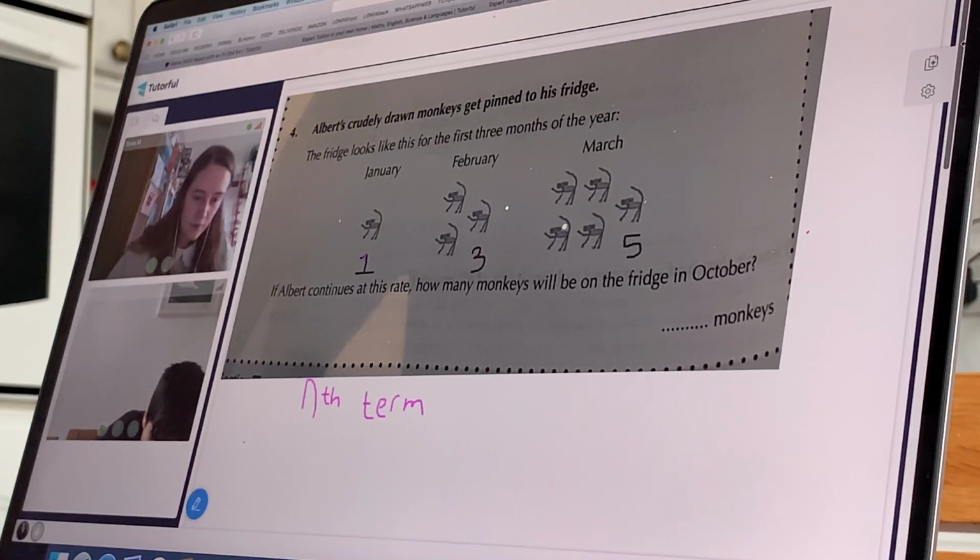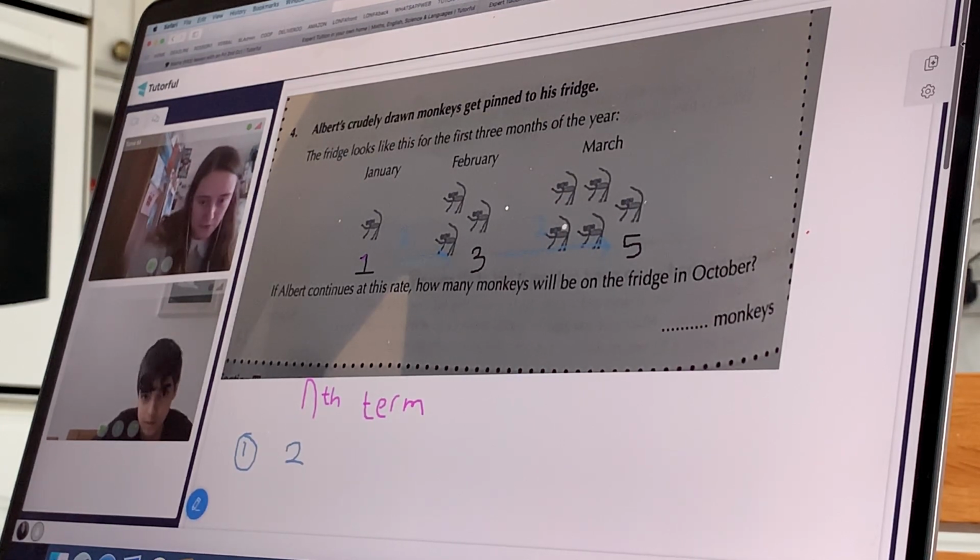Step one, find out the difference between the numbers. So like you said, it was 2. And then we write it as 2n.